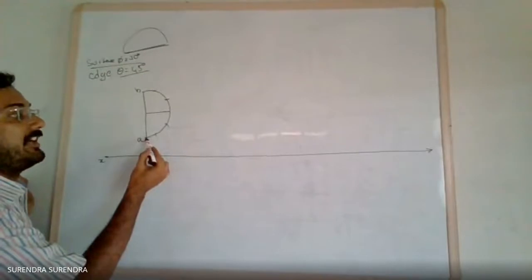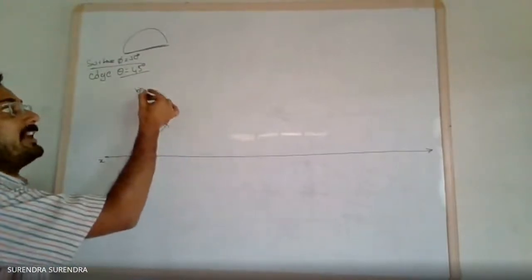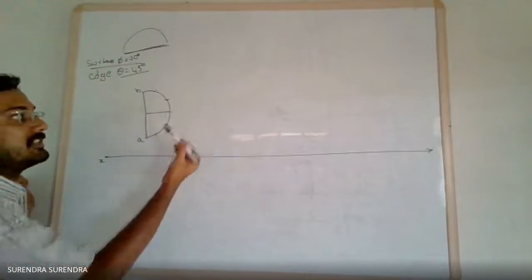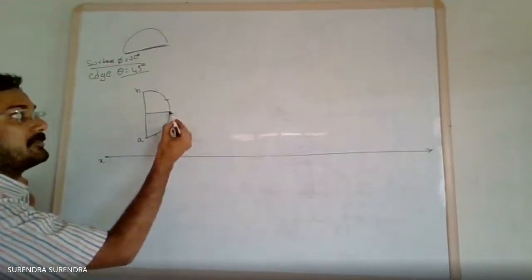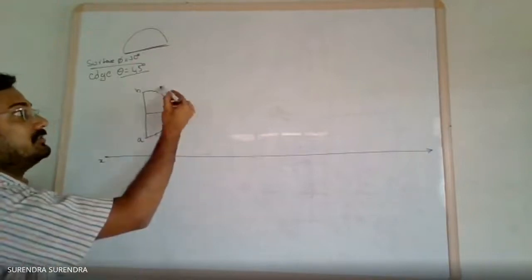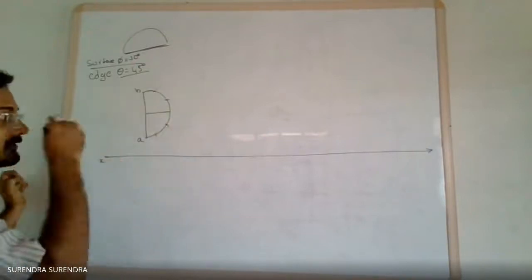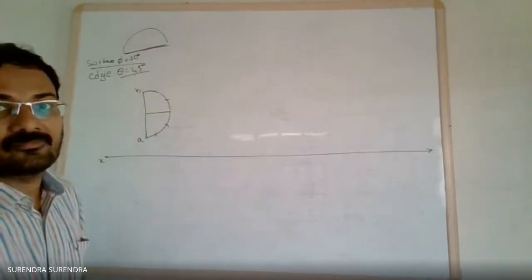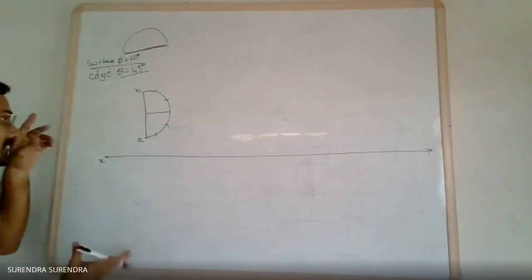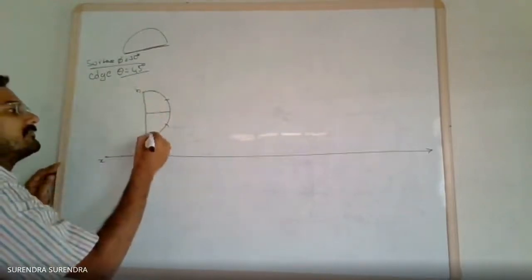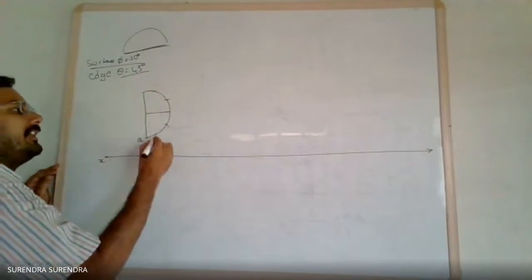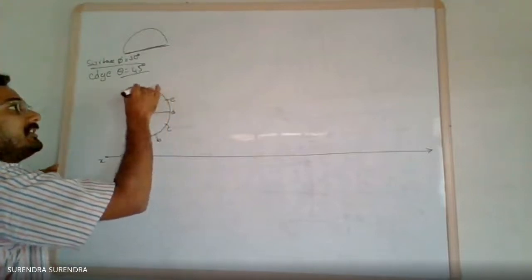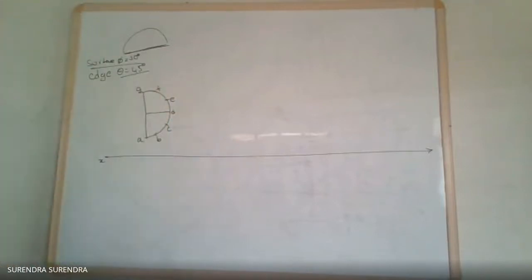With A as center and B as center, 40 mm radius, two points are obtained. Next, from the diameter end points draw arcs with the same 40 mm radius on both sides. Again, total 6 divisions of this semicircle. Name these points A, B, C, D, E, F, G.